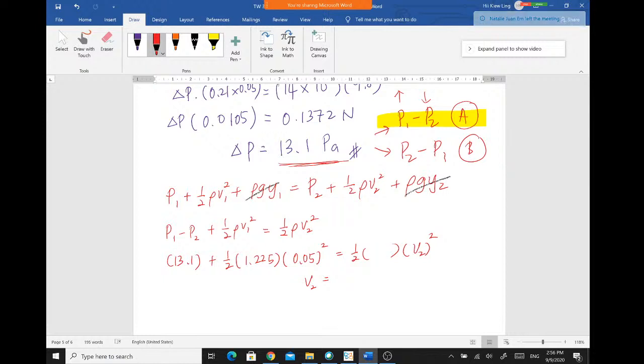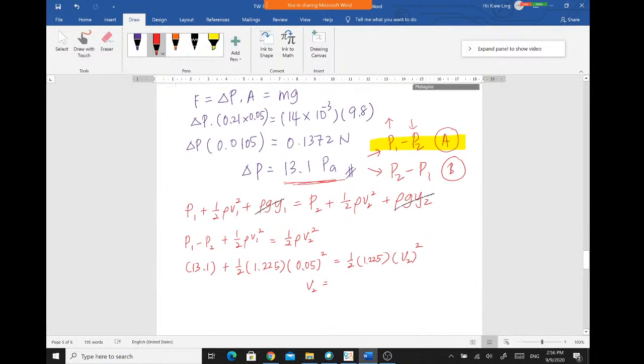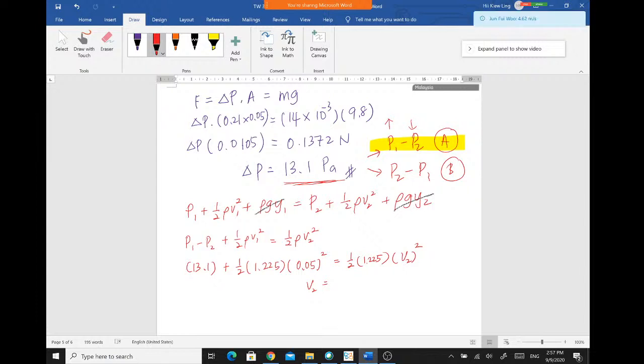Not 1000, it's 1.225. What is your answer for V2? 4.62, yeah.